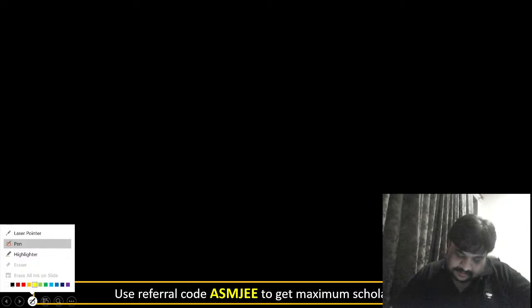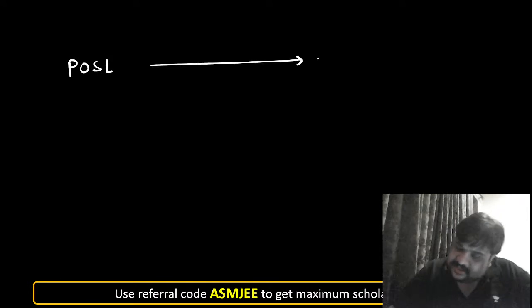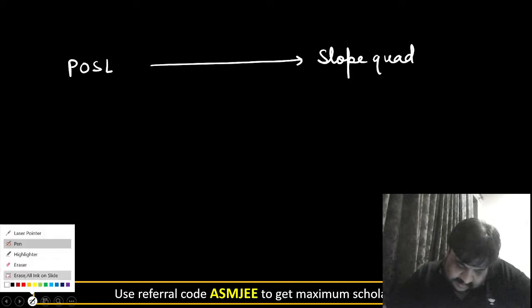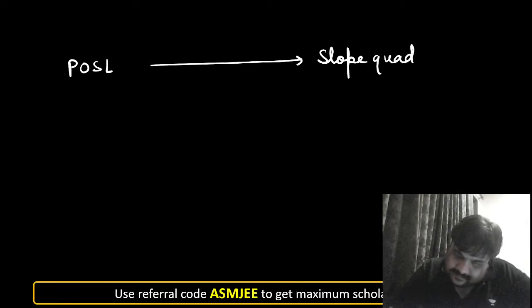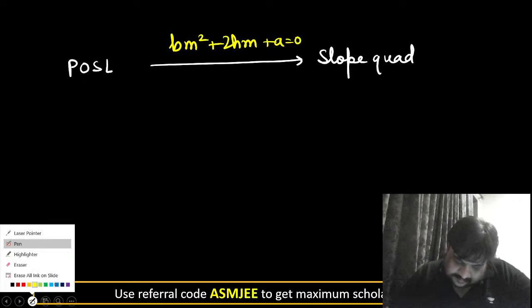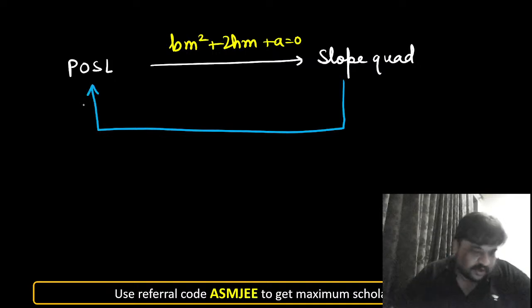Okay, so suppose you have pair of straight lines. You want to convert it to slope quadratic. You have direct formula, direct result. But how to convert slope quadratic to pair of straight lines?